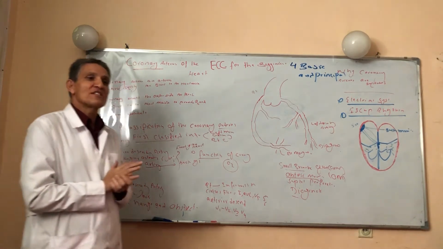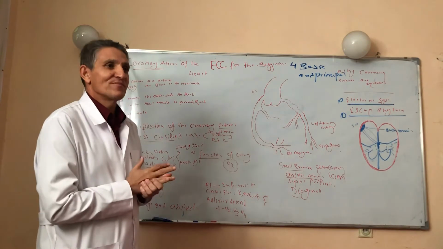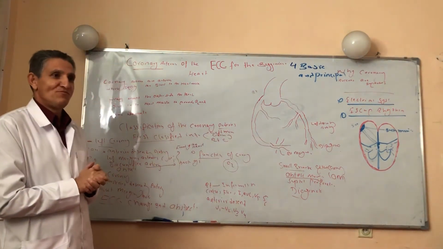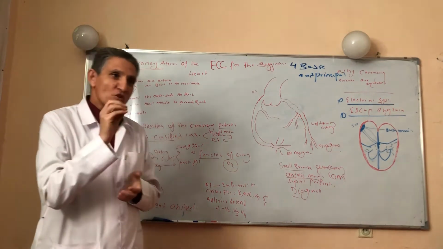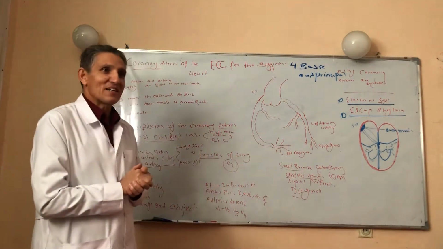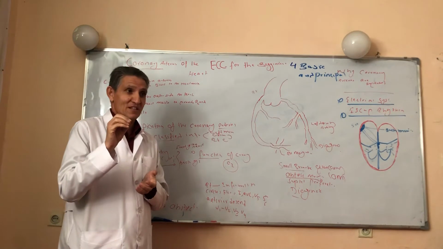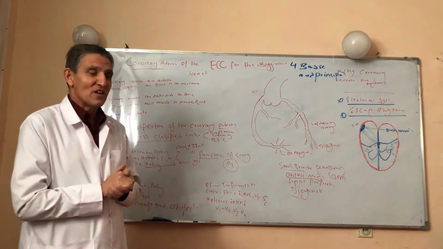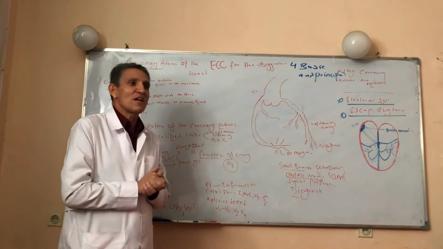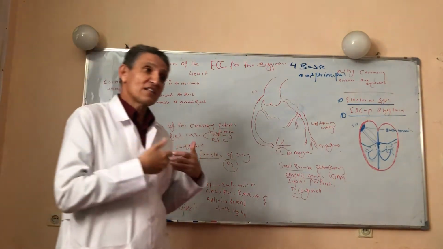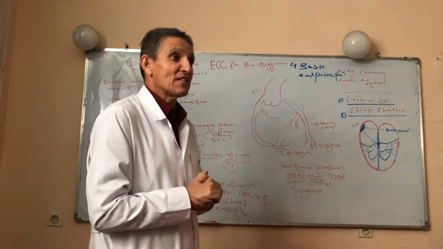Why are the coronary arteries very important? Because these coronary arteries supply blood to the heart muscle. When these arteries are damaged or develop some disorder, what will happen to the heart? Heart attack and the possibility of sudden death.